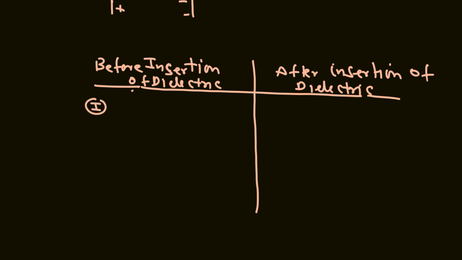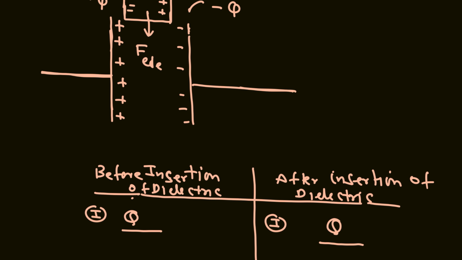First, the charge on the capacitor is Q before and after also Q. The charge remains the same because no one is able to change the charge. Charge is constant because the capacitor is isolated.